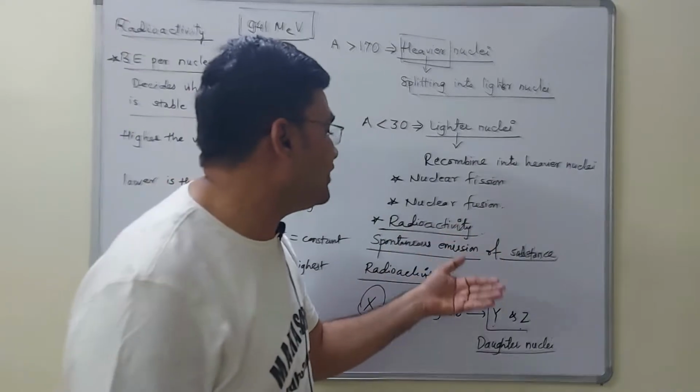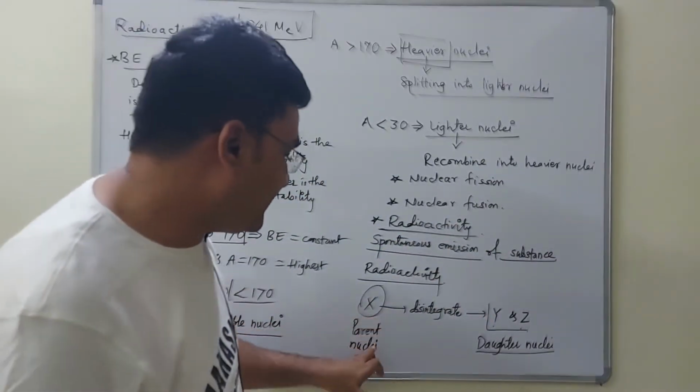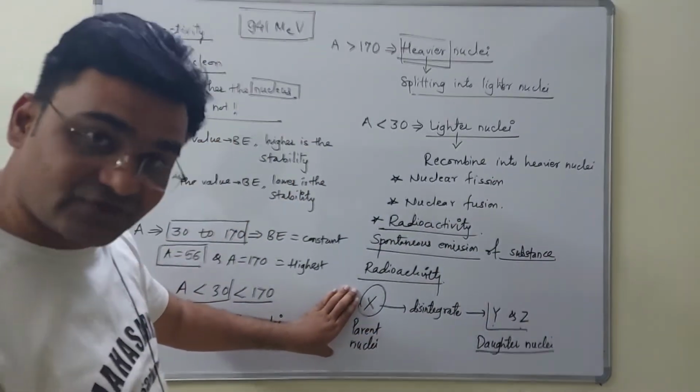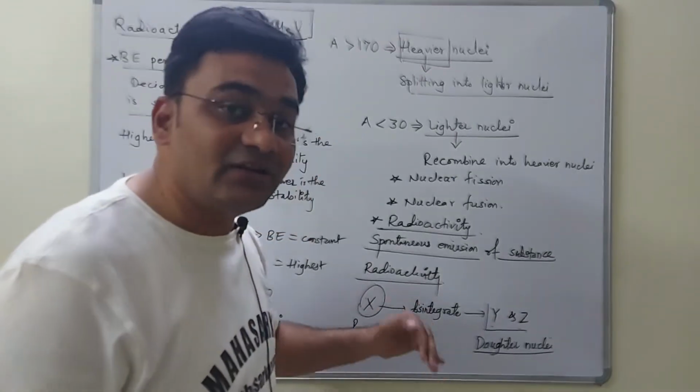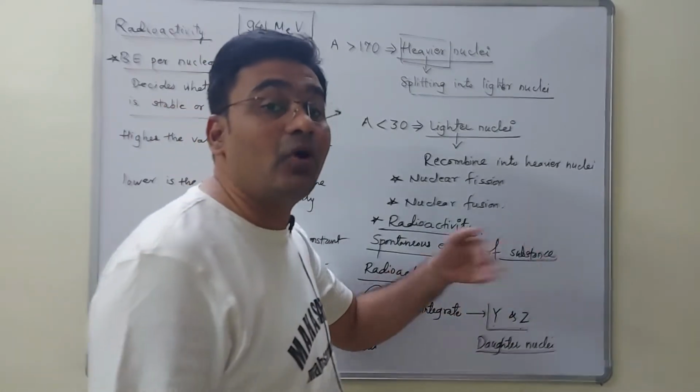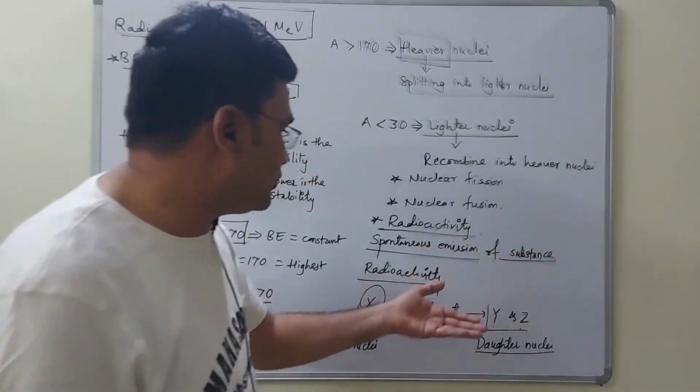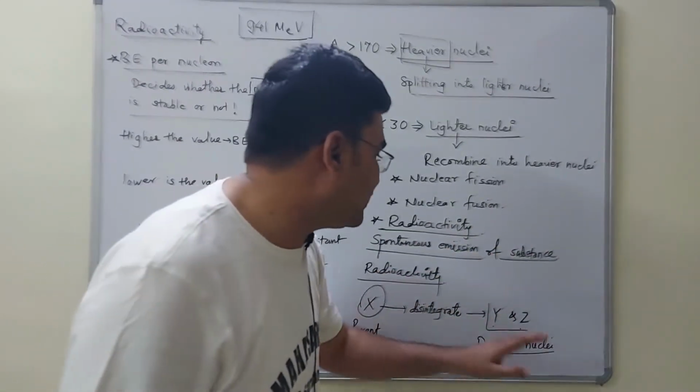That energy depends upon the composition of that nucleus. That nucleus we call the parent nucleus, and the nucleus formed after the decaying process we call the daughter nuclei.